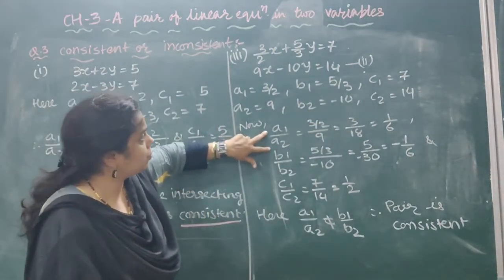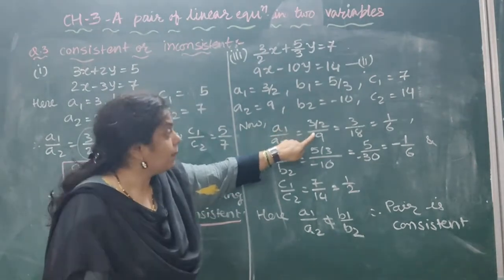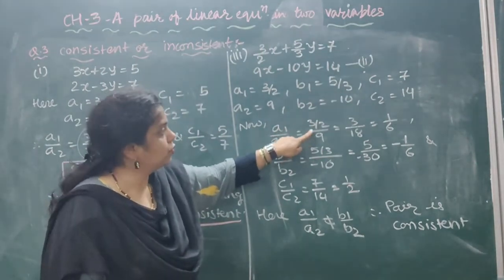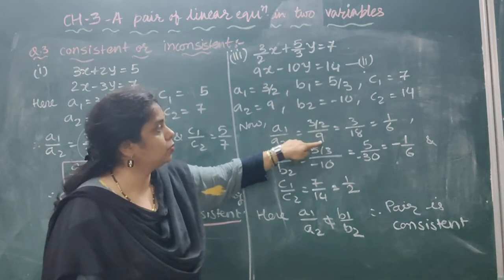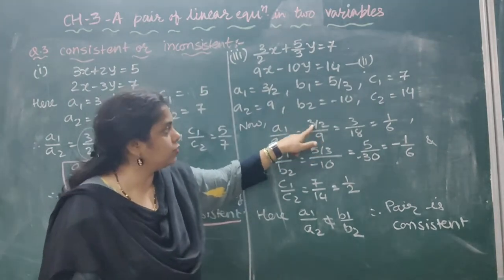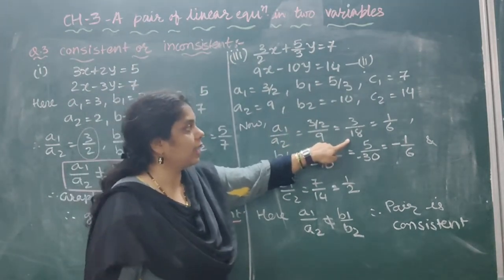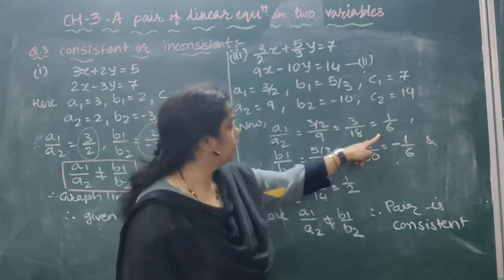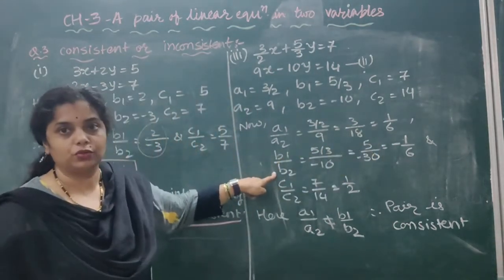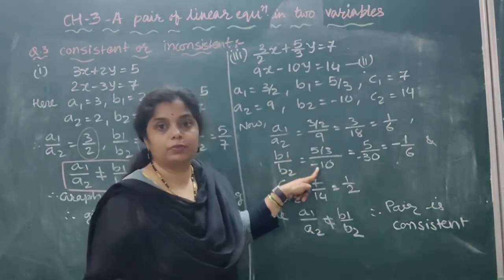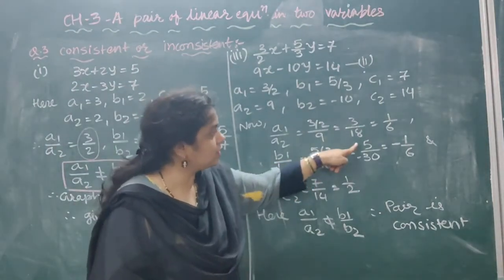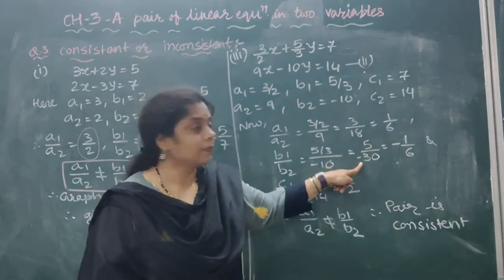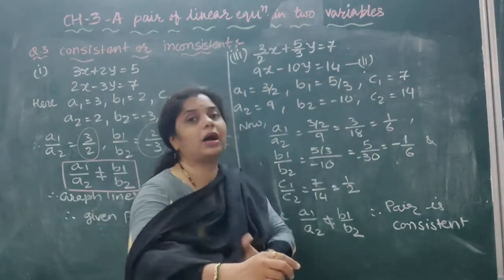So a1 by a2 is 3 by 2 by 9. The numerator's denominator moves to the main denominator, so 3 by 18, and after cancelling the common factor, I will get 1 by 6. Then b1 by b2, 5 by 3 by minus 10, so it is 5 by minus 30, and therefore it is minus 1 by 6.